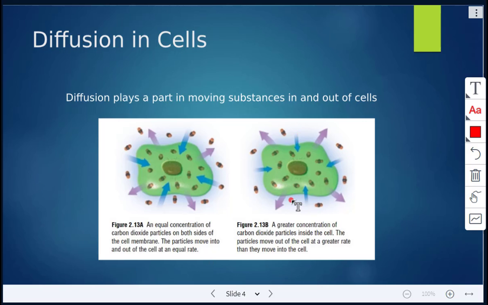Here, there's a greater concentration of carbon dioxide particles inside the cell and less on the outside. So the particles are going to move out of the cell at a greater rate than they're moving into the cell until they reach equilibrium.